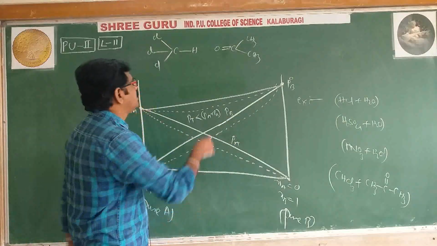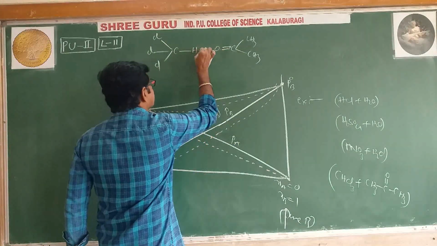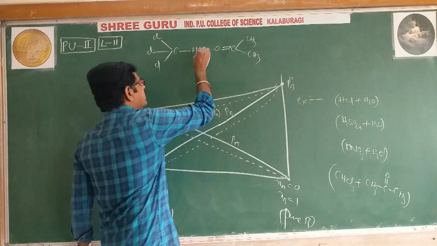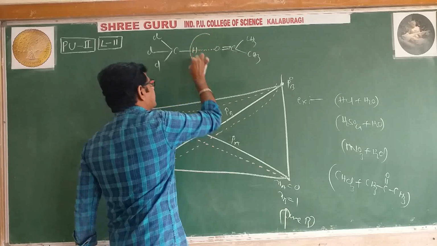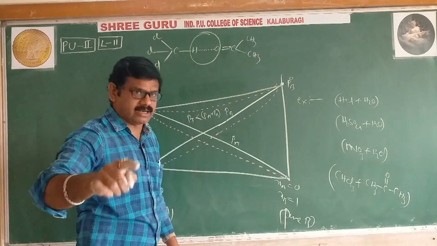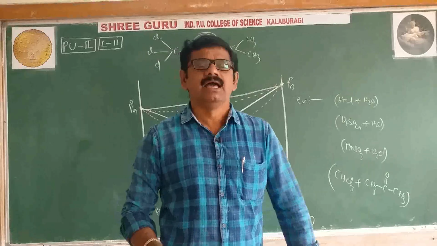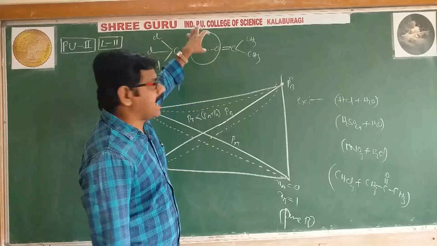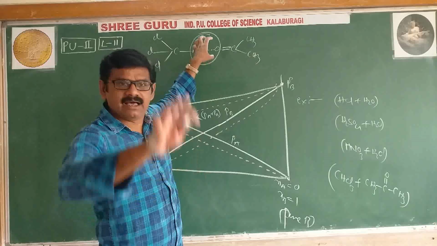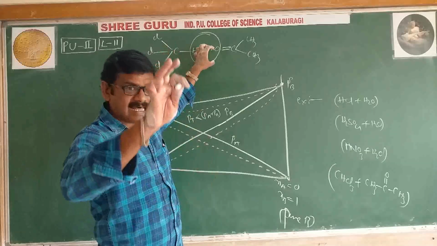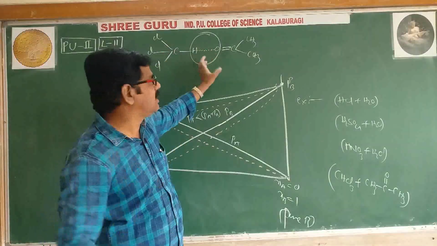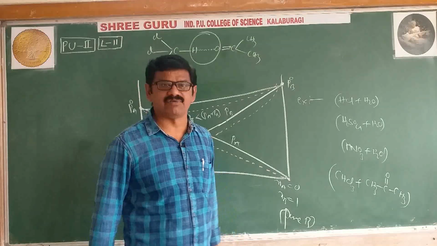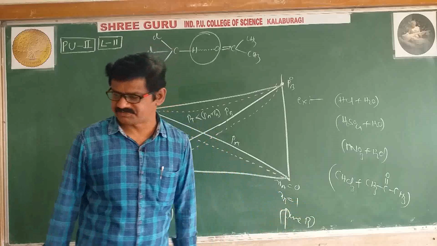Between oxygen and hydrogen we will get a strong intermolecular hydrogen bonding after mixing. Because of that, it shows negative deviation, and pressure decreases, volume decreases, enthalpy change, and energy is released. So these are the examples and graph for negative deviation.